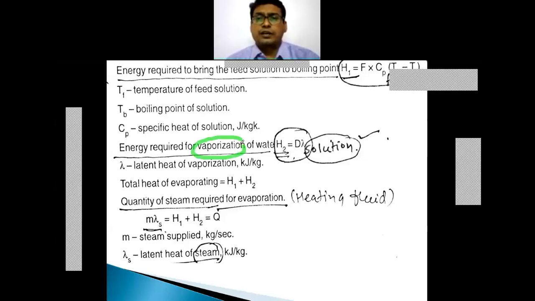The sensible heat is to bring the feed solution to the boiling point. So H1 is the energy required to bring the feed solution to its boiling point, which is equal to the mass flow rate of the feed into Cp of the feed into the temperature difference, Tb minus Tf.